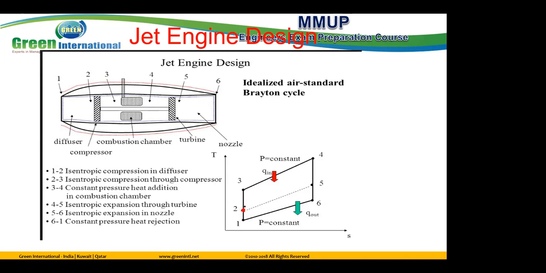Instead of starting from 2 to 3 only, we now start from 1: 1 to 2 is isentropic compression in the diffuser, and it continues with the same isentropic compression in the compressor. 3 to 4, heat Q is added in the combustion chamber at constant pressure. Then expansion up to 5, which is the turbine, isentropic expansion, and we continue expansion to 6, isentropic expansion in the nozzle.